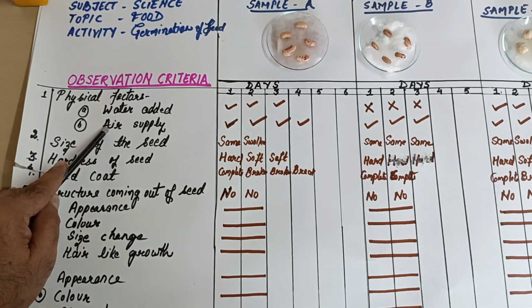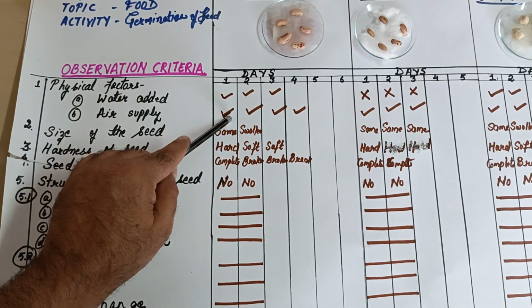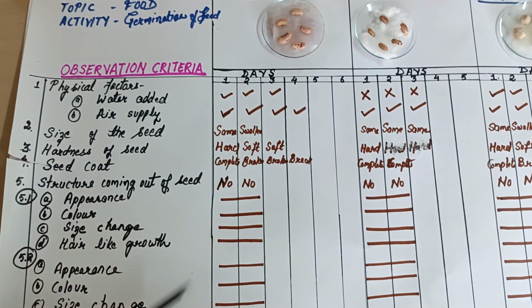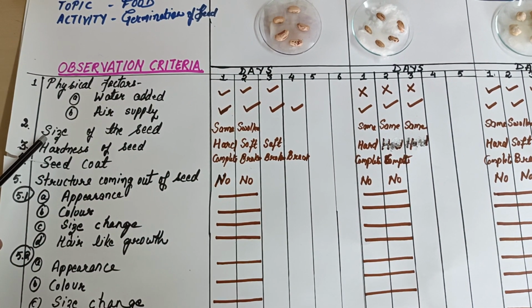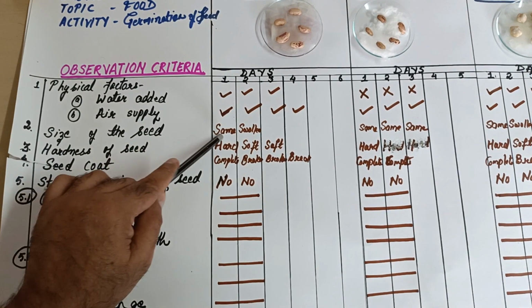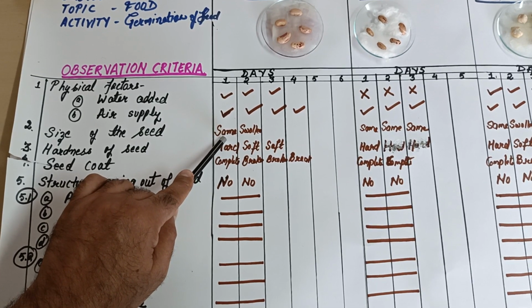Air, of course, air is a common factor. It is present on first day here and in first day also there. Since the seeds were dry, whatever was the size of the seeds, we have to take it on. Day 1, there is no change, that is same size.